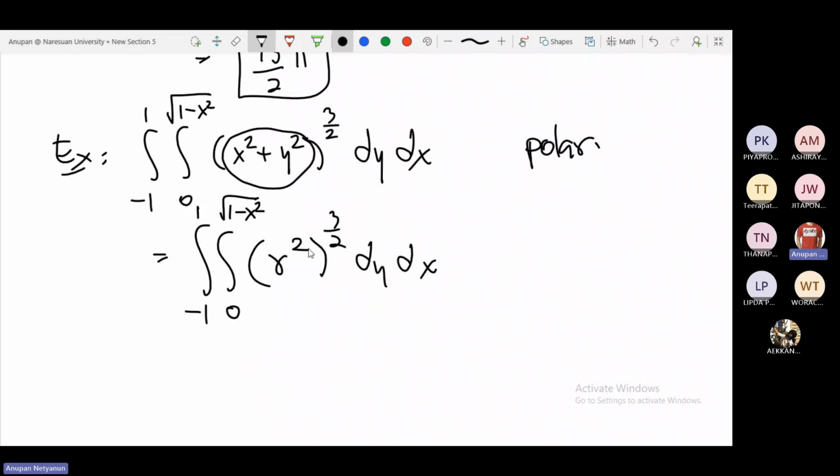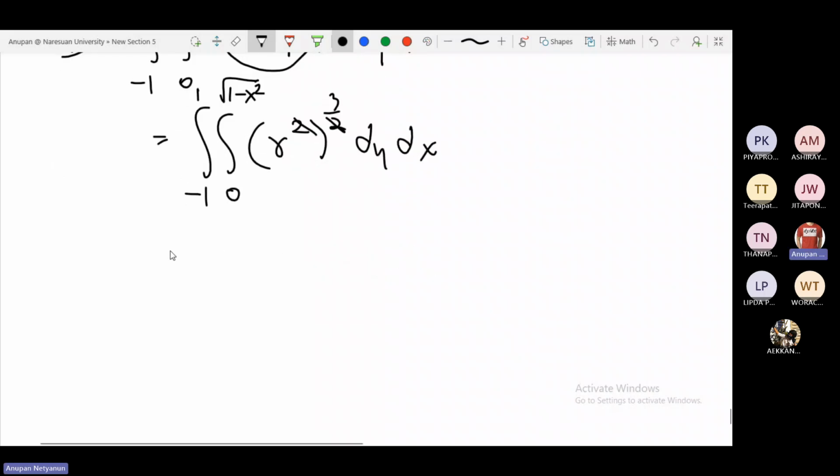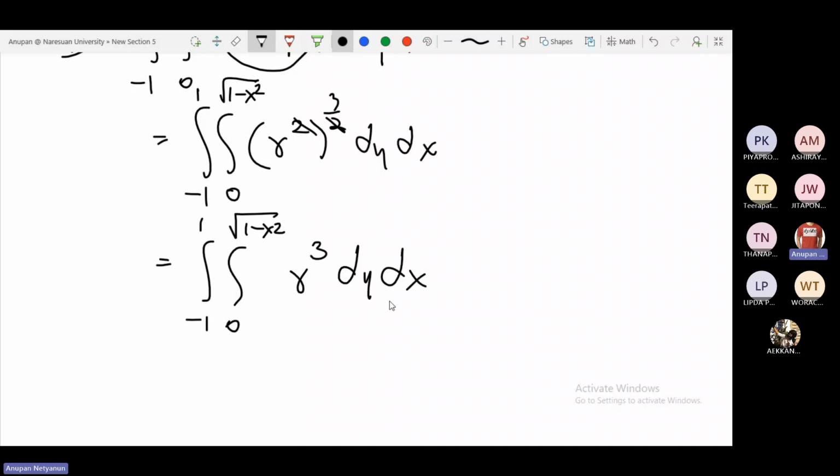Okay, so you can see that double power. You multiply them together, so 2 cancel 2. Now the problem reduced to integration of r cubed dy dx. But then this is your dA in the rectangular coordinate system.